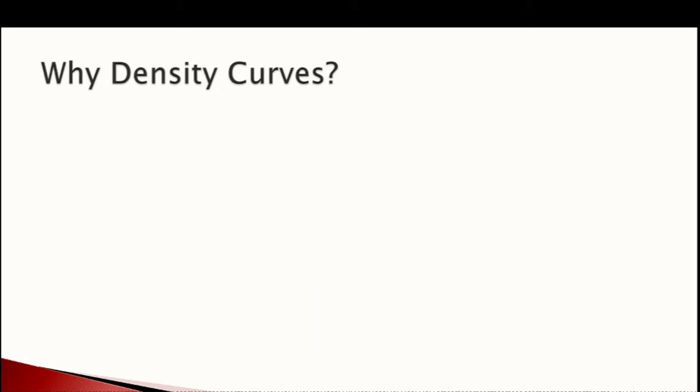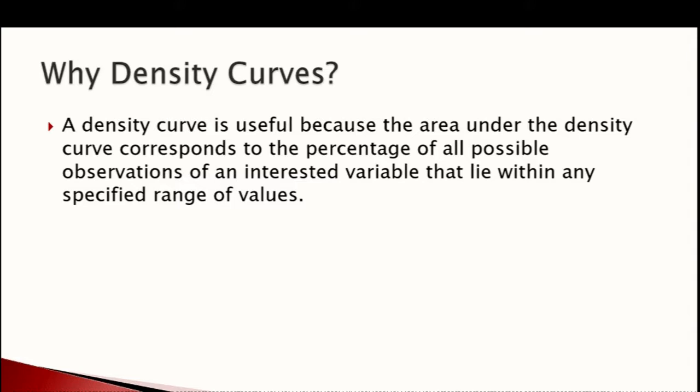So you may consider why density curves. They're important because the area underneath the density curve, or the blue shaded region you just saw, corresponds to the percentage of all possible observations of any variable of interest that lie within any specified range of values.